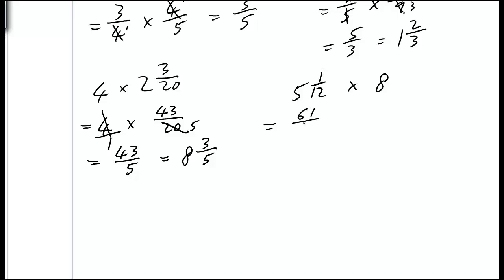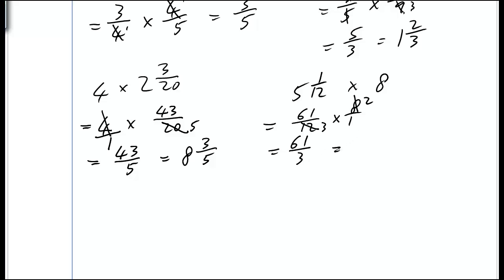So 61 over 12, 8 is simply 8 over 1. Now you can try to simplify things. What will go into 12 and what will go into 8? 4 will go into 8 2 times. 4 will go into 12 3 times. So you've ended up with 61 over 3.